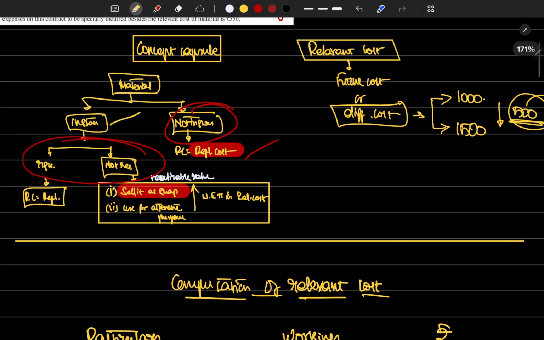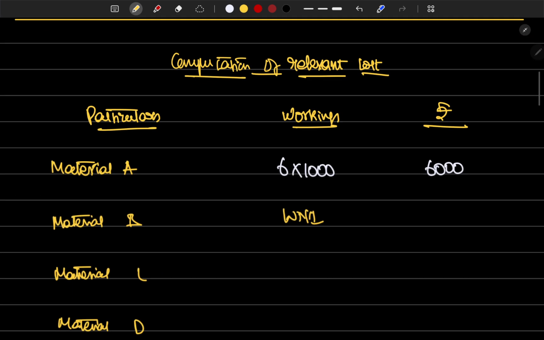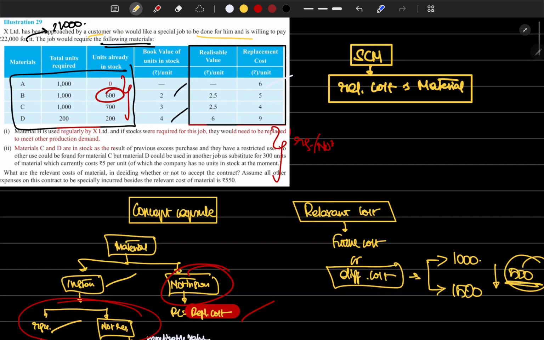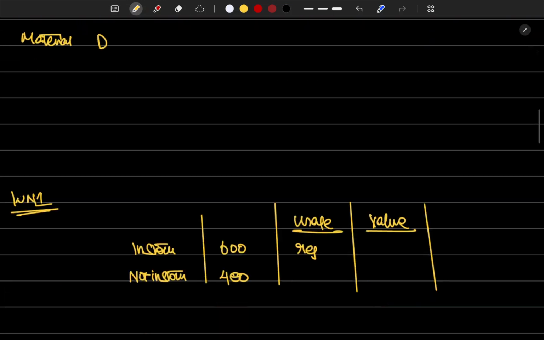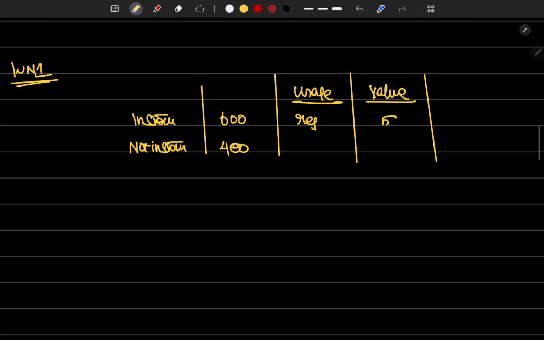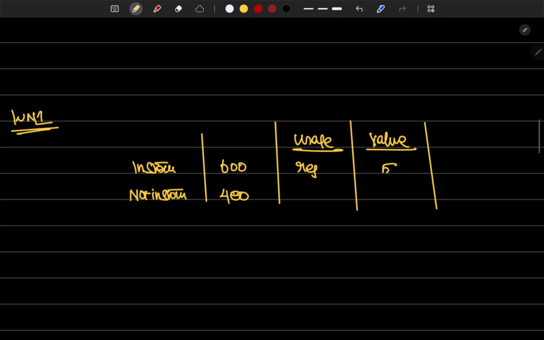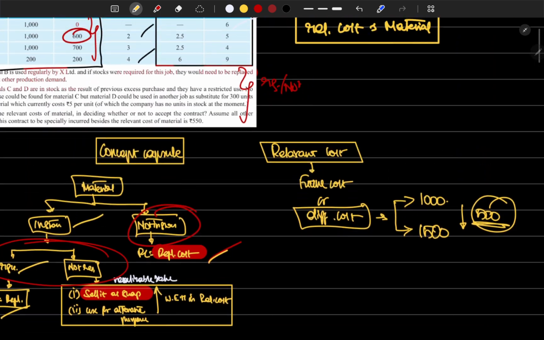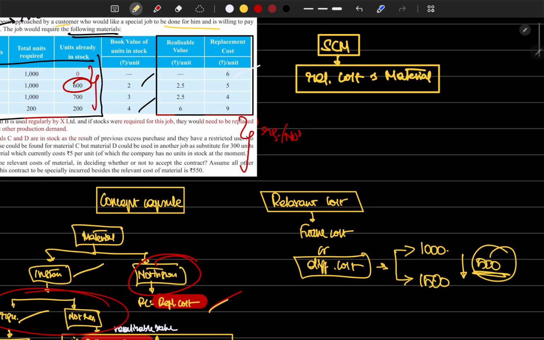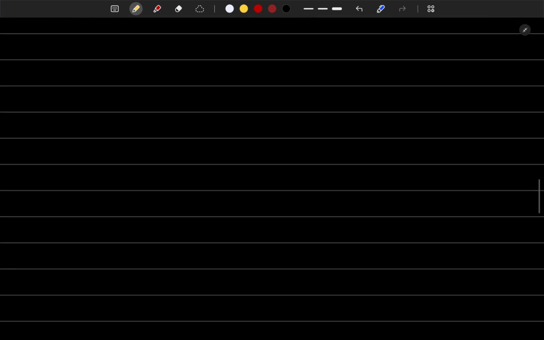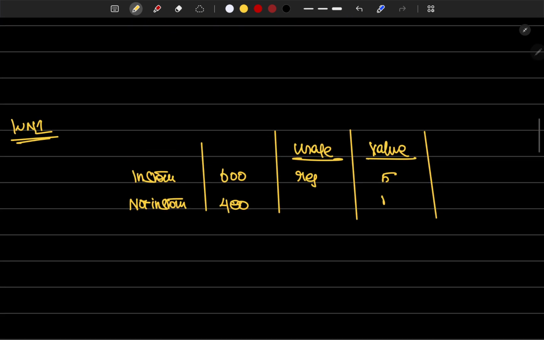If it is in stock, regular usage, we need to take replacement cost. What's the replacement cost here? 5, right? Not in stock means directly we can take replacement cost. How much is the replacement cost? Replacement cost is also 5 only.